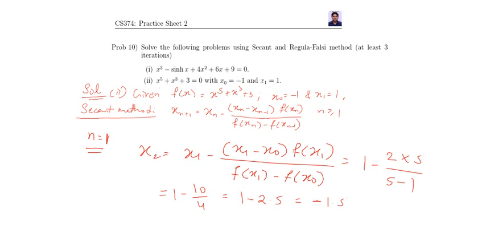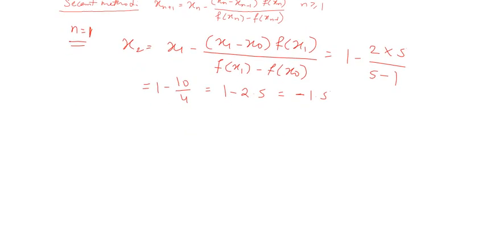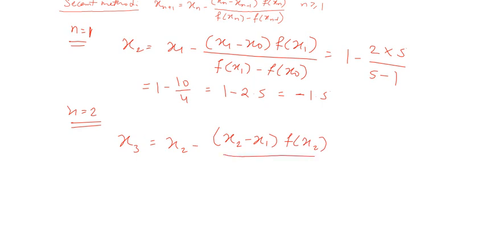Now for n equals 2, the second case, you have x3 equals x2 minus x2 minus x1 times f of x2 divided by f of x2 minus f of x1.